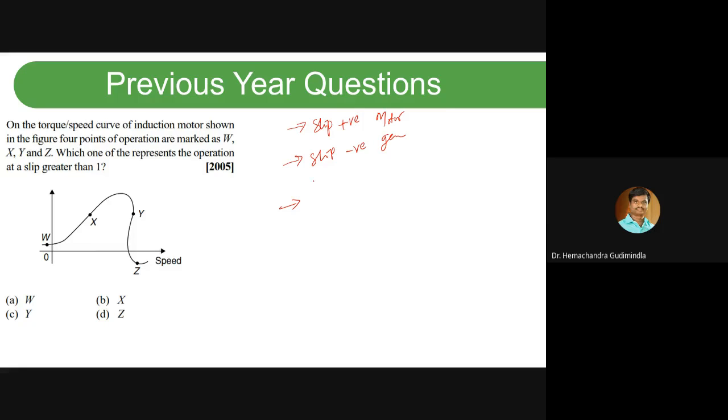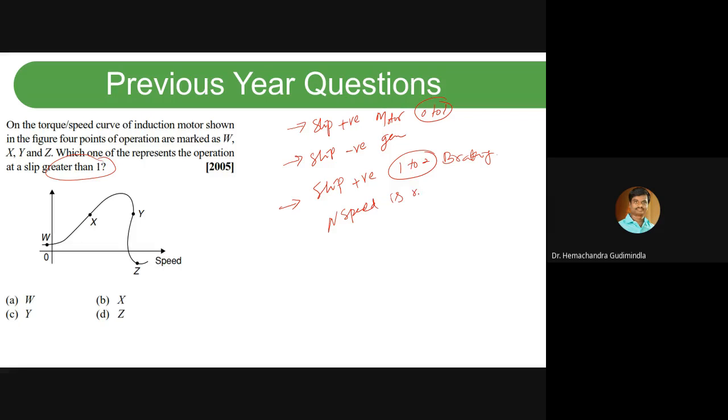In this, slip is positive and varies from 0 to 1, but slip is also positive varying from 1 to 2. So in this condition it is like braking. Greater than 1 means it is like a braking condition.